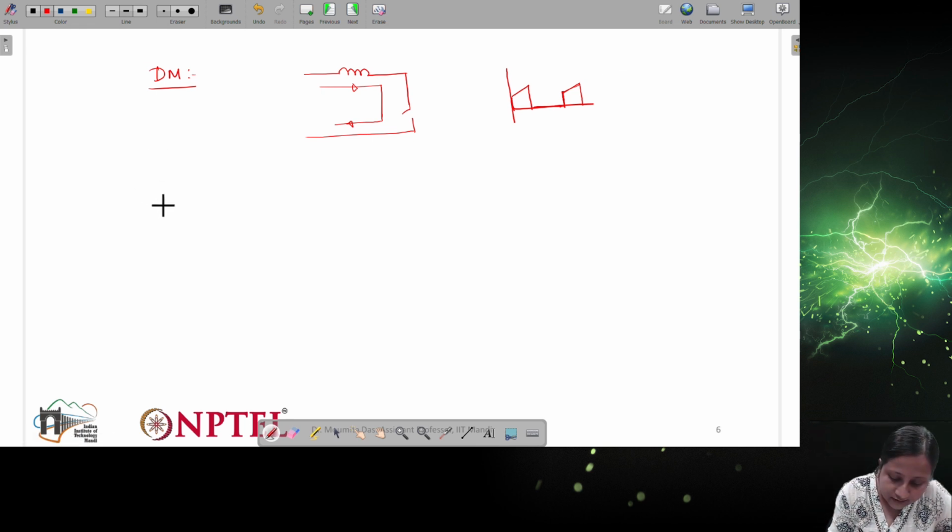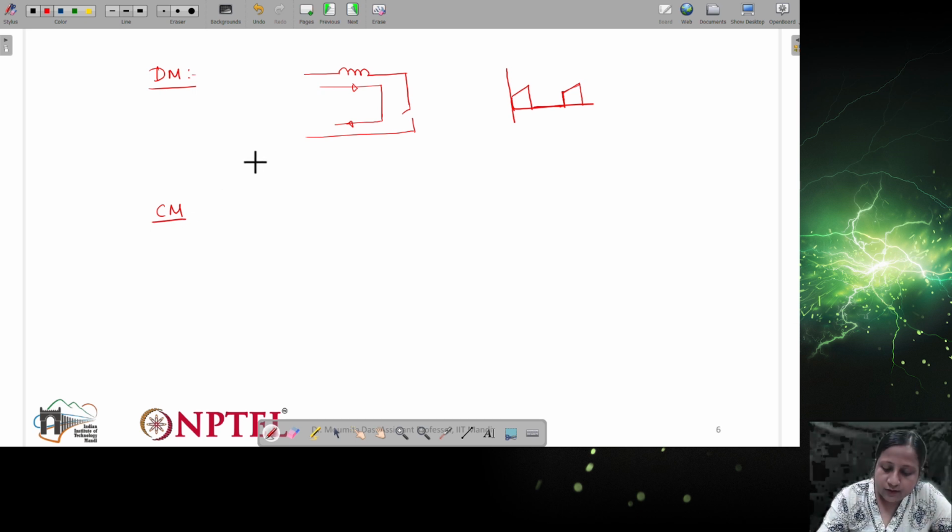And if I consider the CM noises, it is going to be a bit different. If I consider the same equivalent circuit, you remember there is a point which is connected to the ground. With respect to that, the switching signal is coming, and then there will be a parasitic capacitance path.